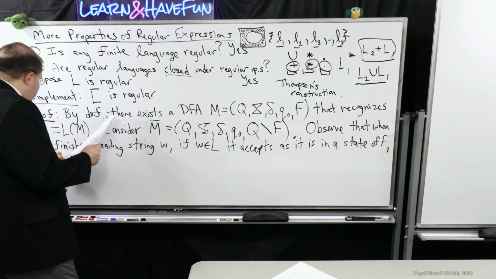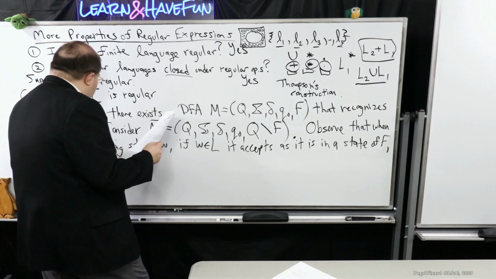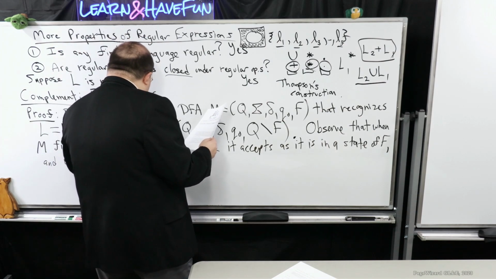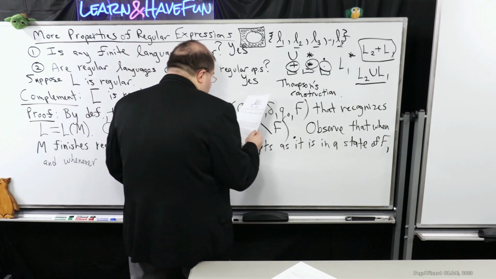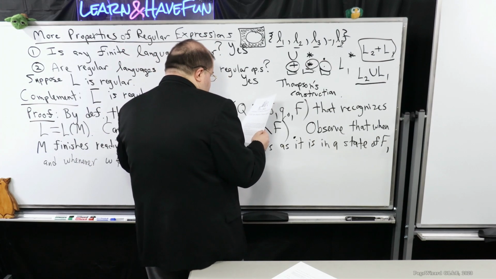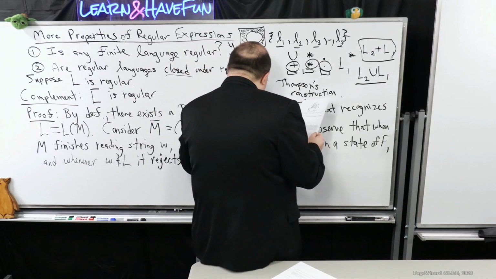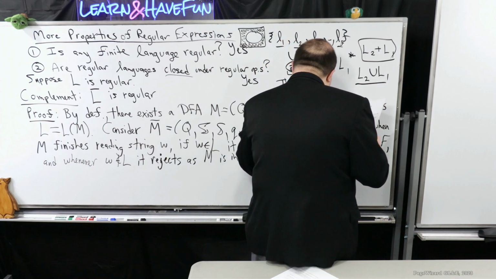It rejects, because it won't be in one of the final states; M is in a non-final state.